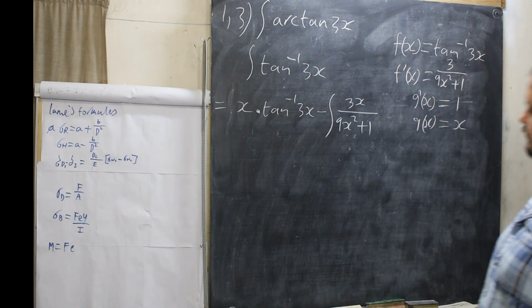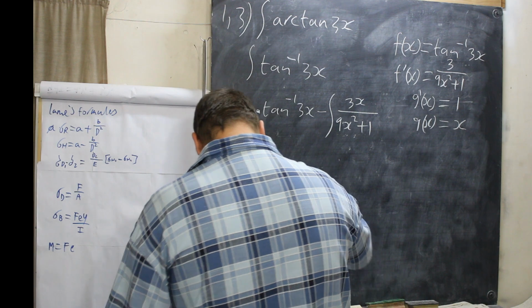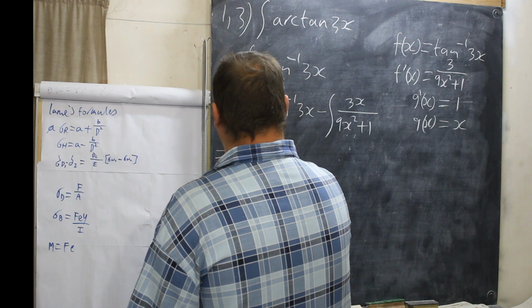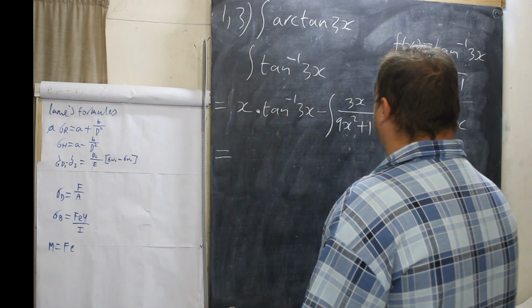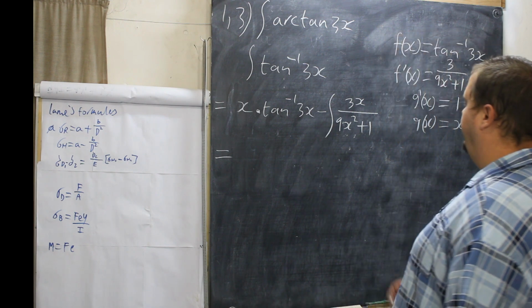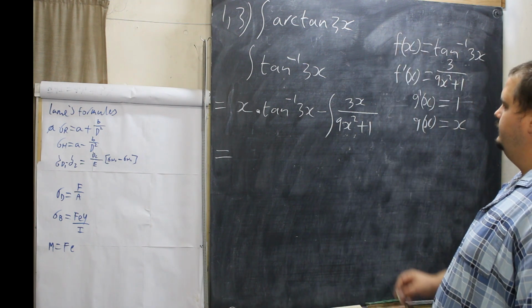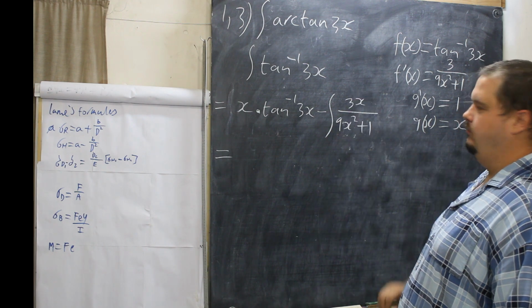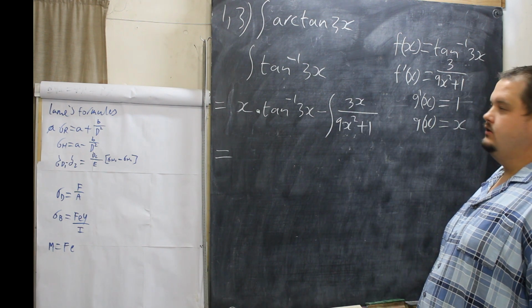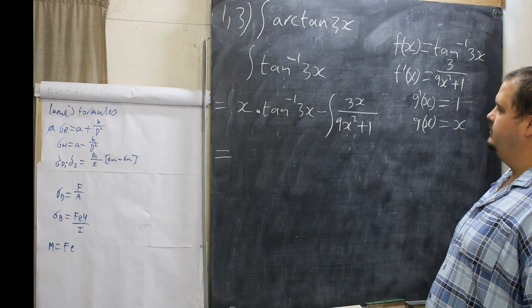Okay, the next step is, because we are going to integrate, and this will be a ln integration, what we're going to need to do is make the bottom equal the top. So what number goes into both of them?